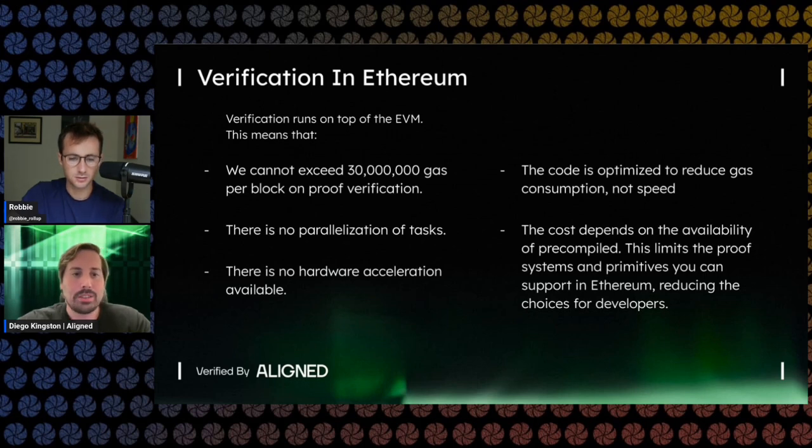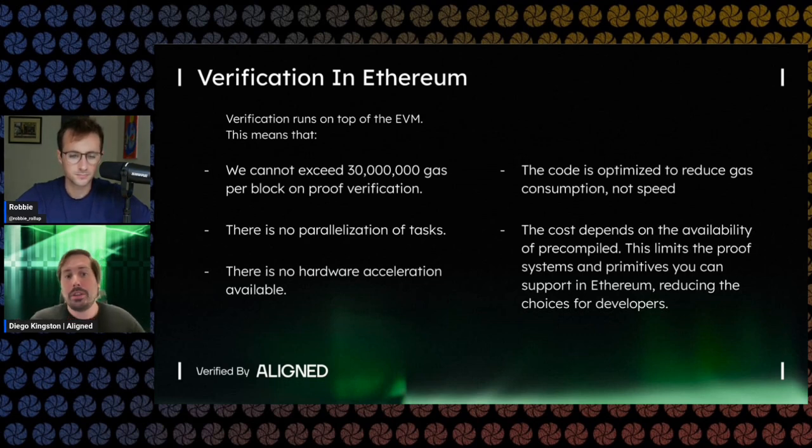Yeah. So when we want to verify in Ethereum, we have some constraints. First, we cannot exceed the maximum gas that we have per block, and that of course limits the amount of proofs that we have. Then we don't have parallelization, which is something that we would love to have.